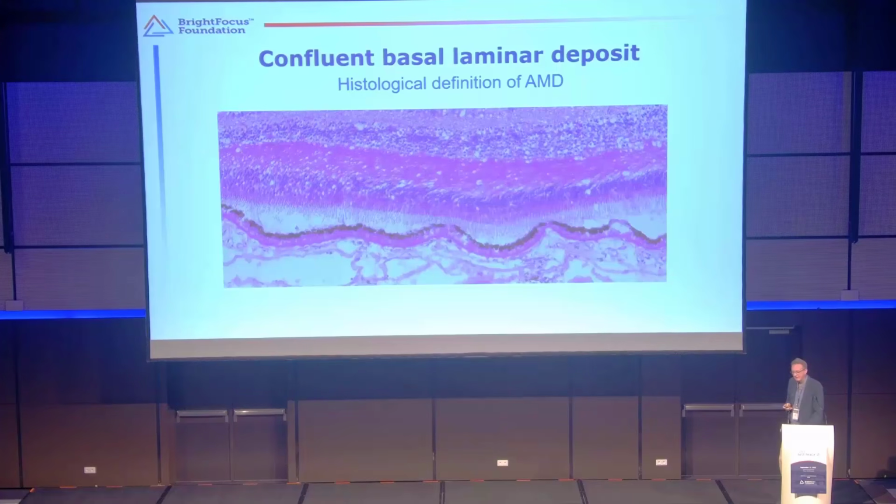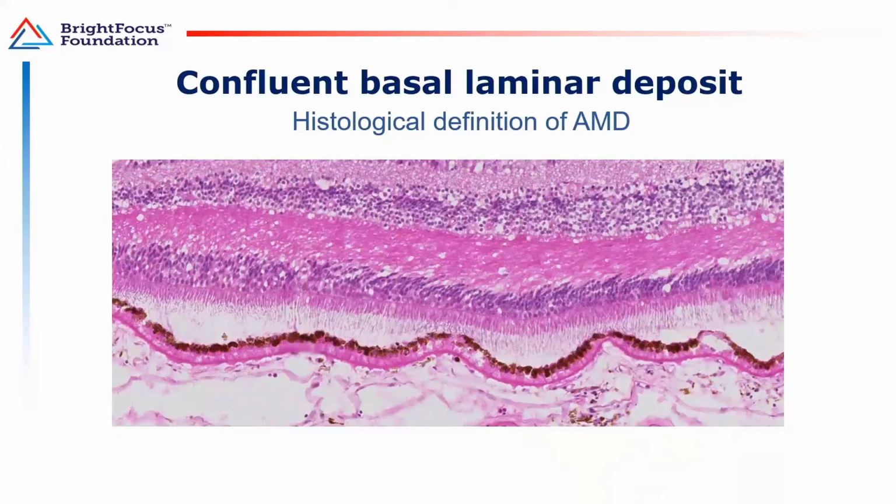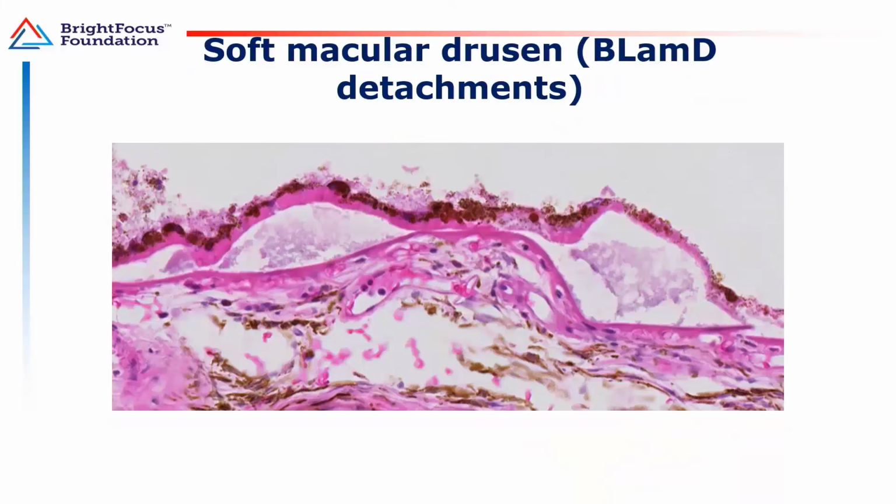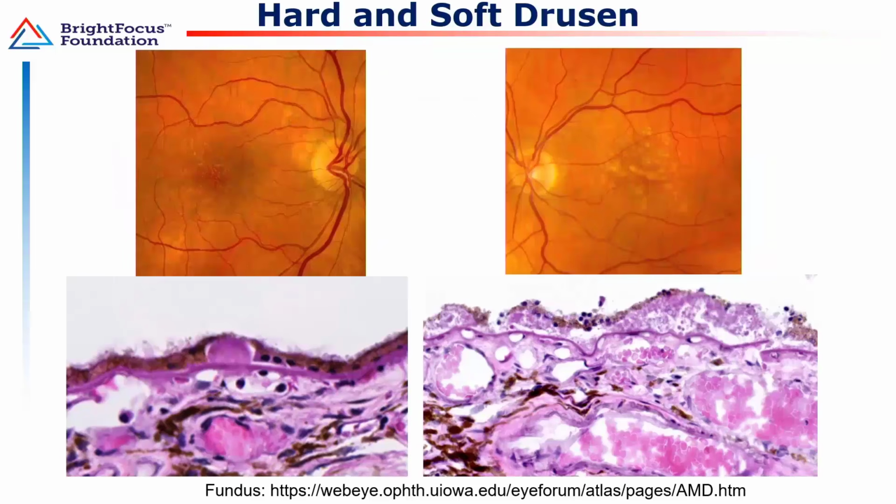The other main histological deposit important for AMD is this material called basal laminar deposit. And when there's a confluent layer of basal laminar deposit, this is what Sarks and others used as the histological definition of AMD. So I think, when you're thinking about animal models, you won't see generally a lot of big drusen. The deposits usually in animals or in mice will be less than the height of an RPE cell.